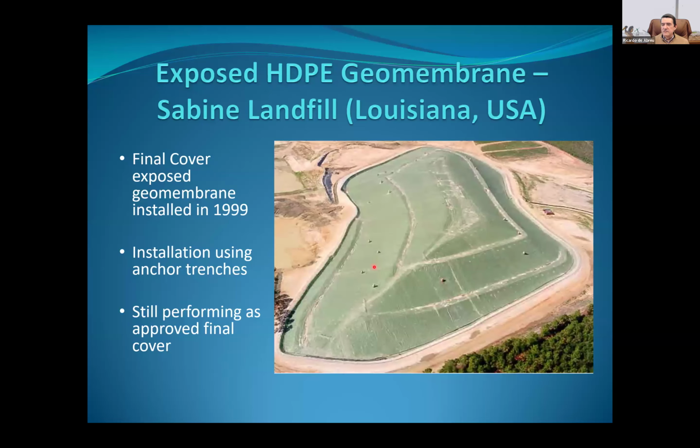So it's still in good shape. Of course, they need to do some maintenance, but it was installed in 1999, so we have about 27 years that it has been there. It's pushing close to the 30-year requirement, and it's performing fine.